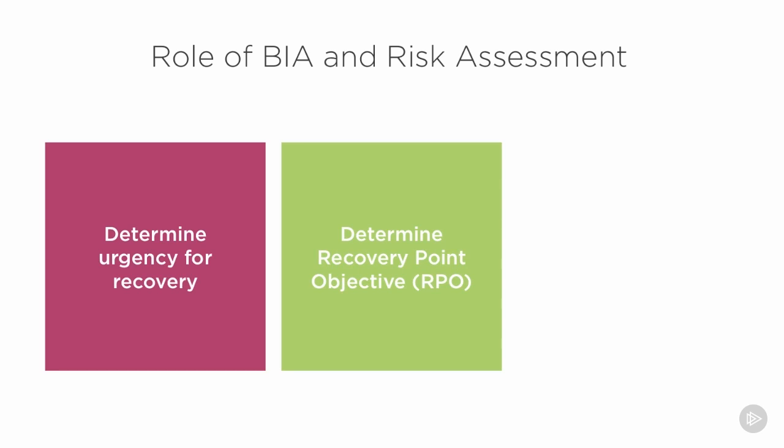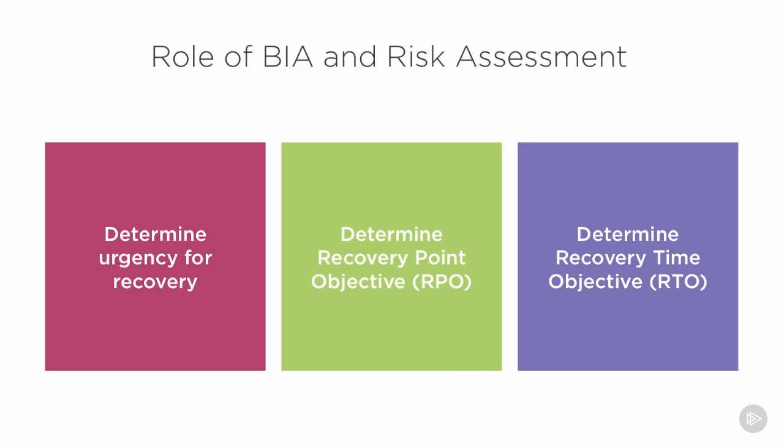Is our data fairly static? Or is it something that's changing quickly? Is our data something that's really valuable, or is it something that, whatever, we can replace it? This allows us to determine the recovery point objective, or the recovery point for our data. And we'll set an objective maybe to lose no more than 1 hour's worth of data. What does that mean? That means we'd better be doing backups at least once an hour.